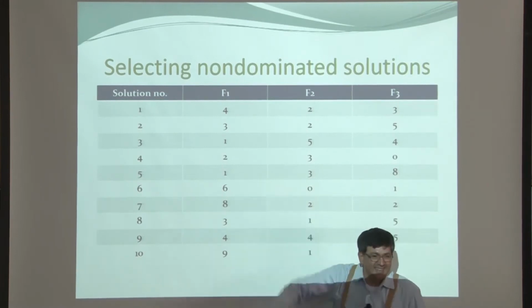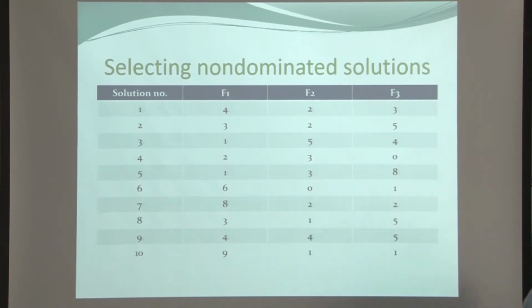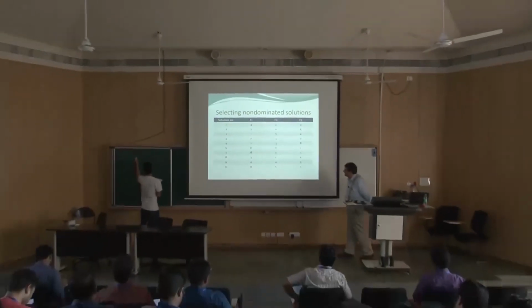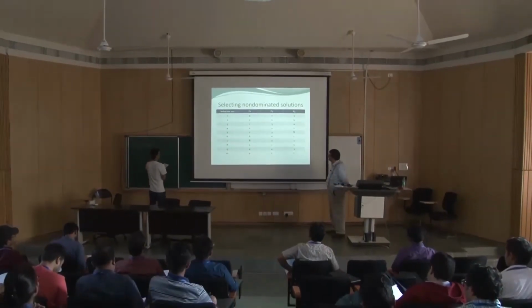We are in 5 now. Don't get ahead of yourself. Yeah, we are in 5. Let's do one by one. So is 5 dominated or non-dominated? It's non-dominated. You have done everything, right? That's what you're saying. Okay, so 5 is non-dominated. We move to 6.